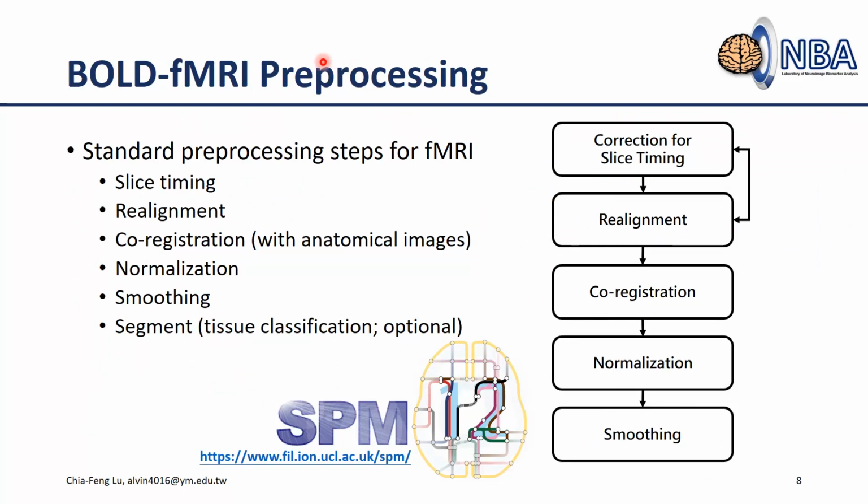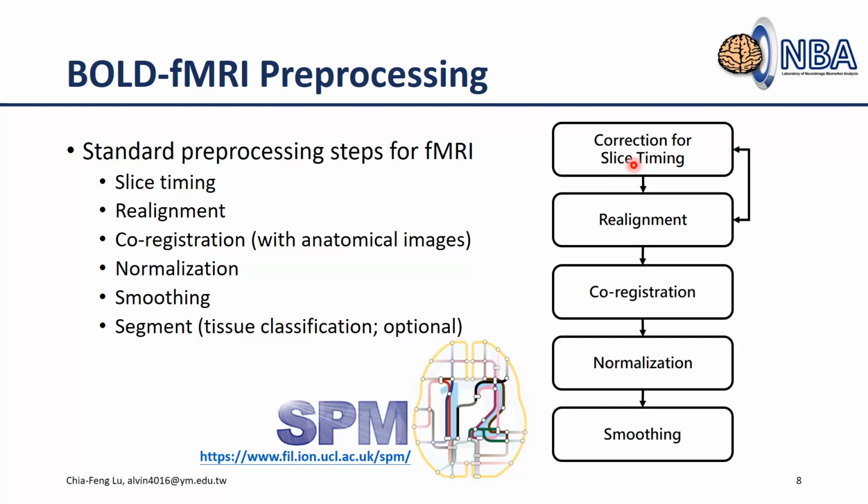For the preprocessing steps, I will use SPM, actually version 12, to do all the analysis. Different steps will try to correct or improve the image quality to a certain level. For example, the first one is trying to correct the time difference, the imaging acquisition time difference between each slice.